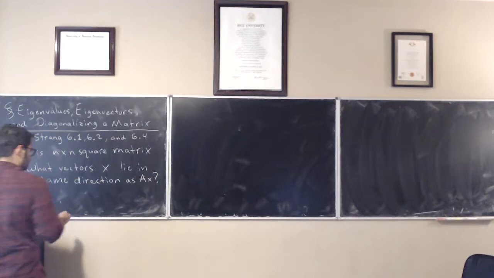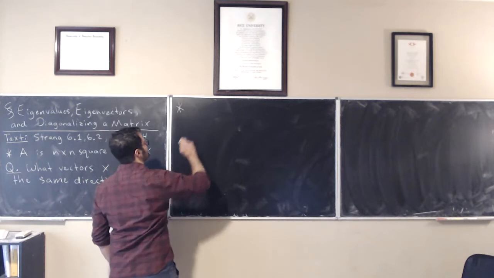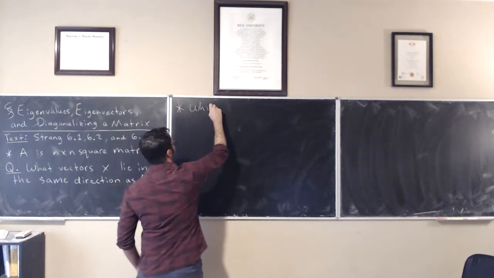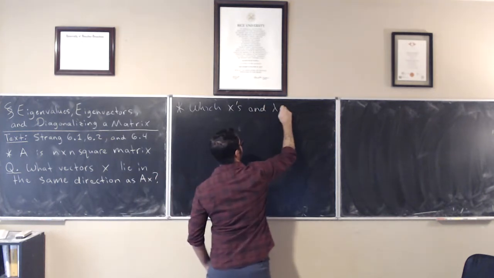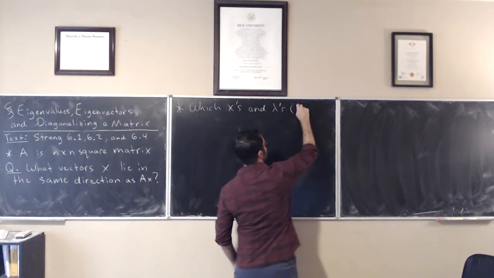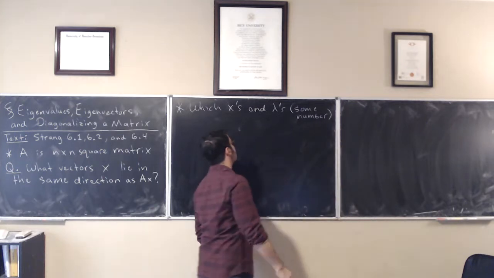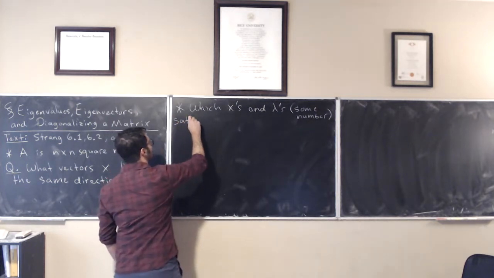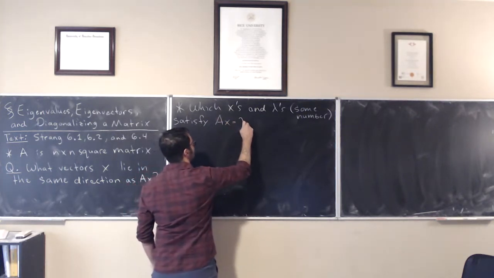So writing this as an equation, more specifically, we're going to be concerned about which x's and lambdas, so lambdas are just some number, possibly imaginary, which we'll get to, satisfy Ax equal to lambda x.